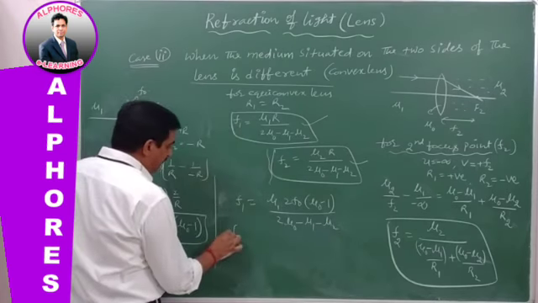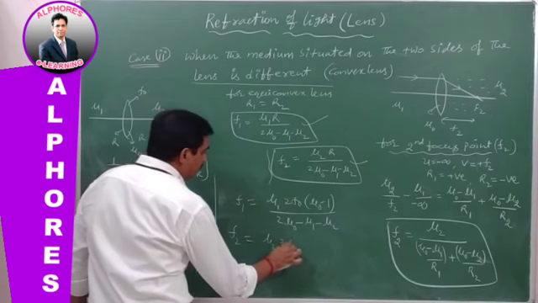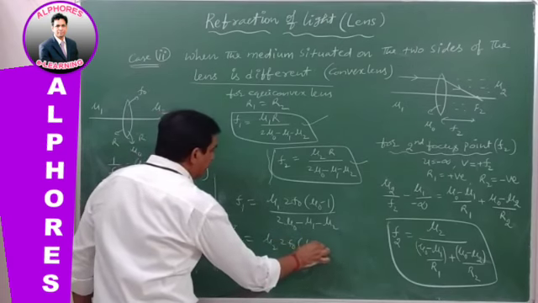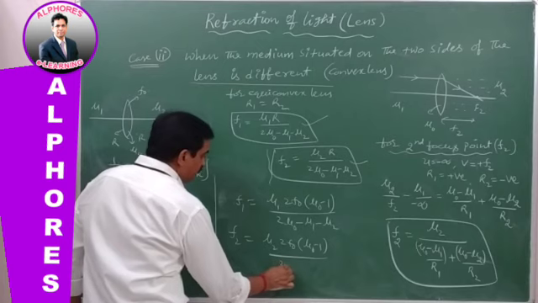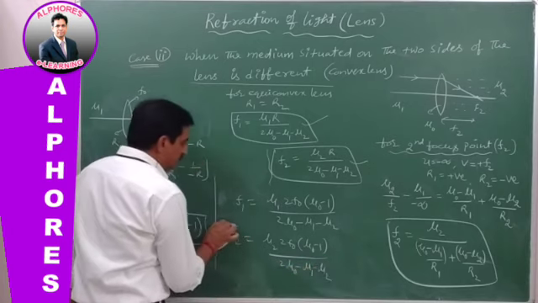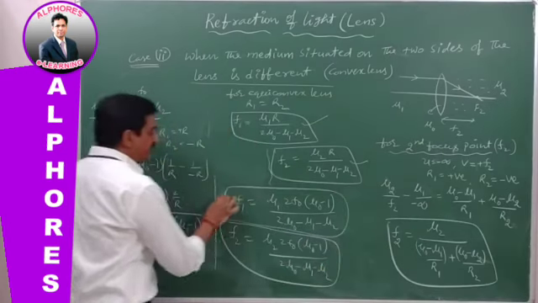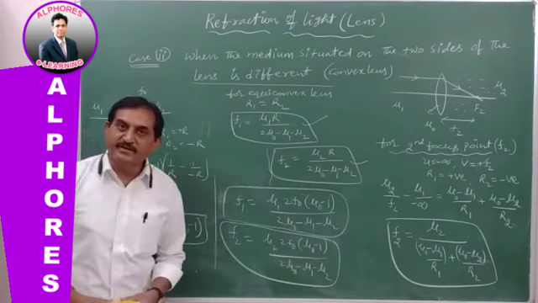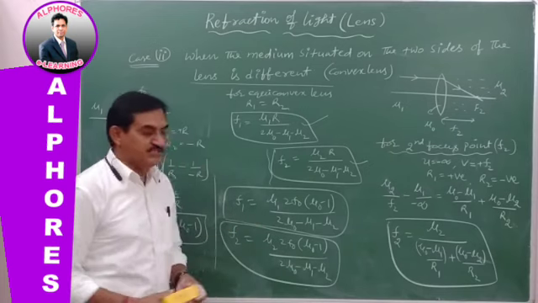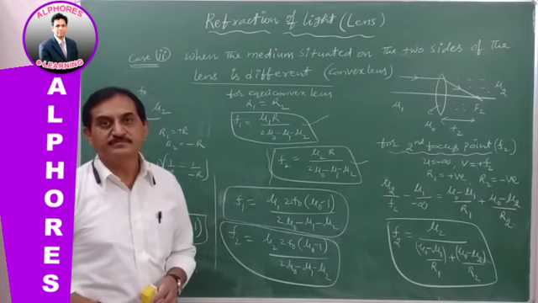Similarly f2 is equal to mu 2 into 2 f naught into mu naught minus 1 by 2 mu naught minus mu 1 minus mu 2. So these two are the principal focus points of the lens when it is kept in a non-homogeneous medium on both sides of the lens.